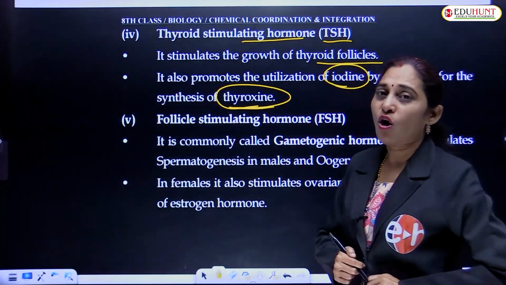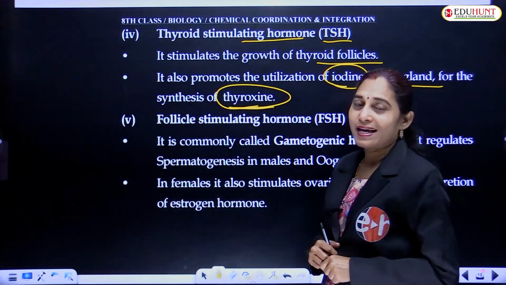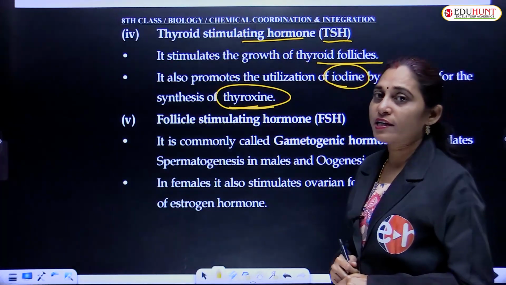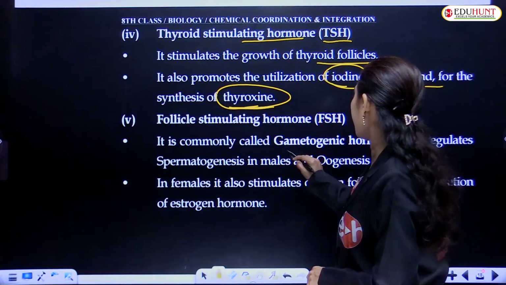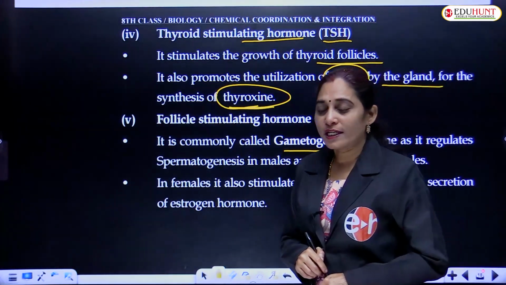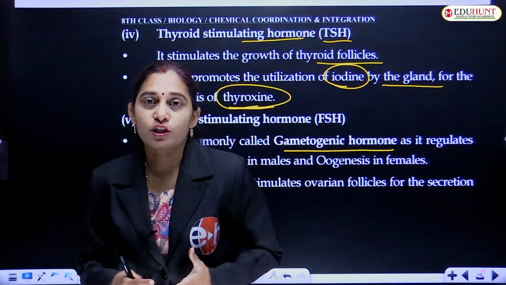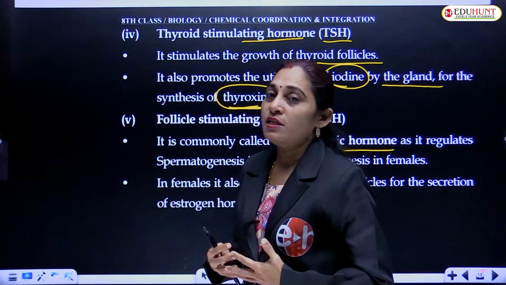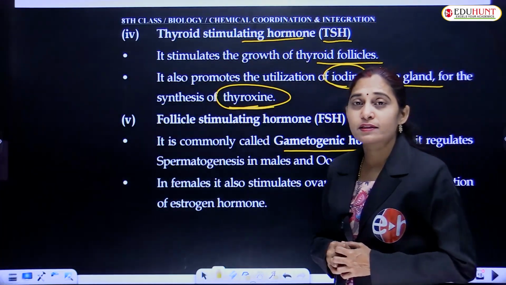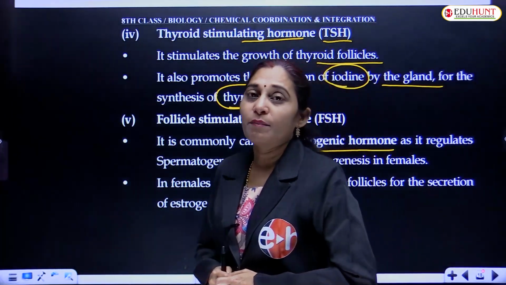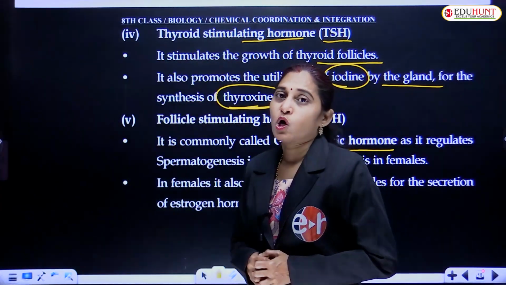The next hormone is the follicle stimulating hormone, FSH. Follicle stimulating hormone is also known as gametogenic hormone. Gameto means gametes, genic means formation: gamete formation. So this hormone is involved in the formation of gametes, the male gametes called sperms and the female gametes called ova.